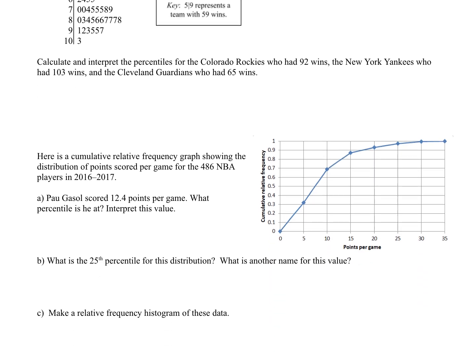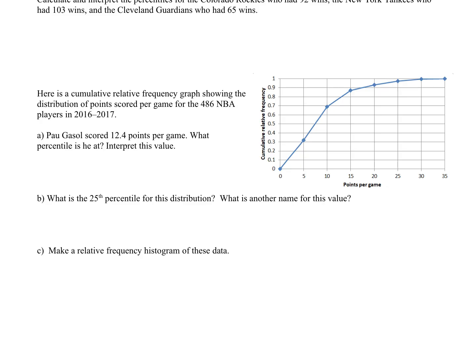Other thing I want to talk about, when we look at a relative frequency graph like this, I could ask you, what part of the graph is the steepest? Or the flattest? And then, of course, what I care about is what does that mean?